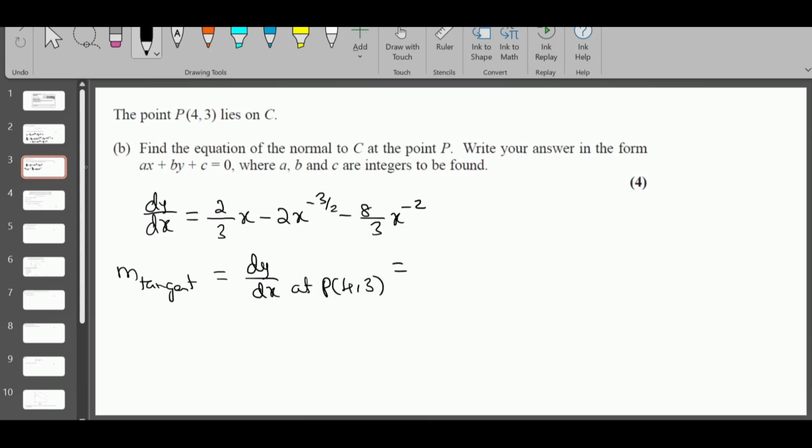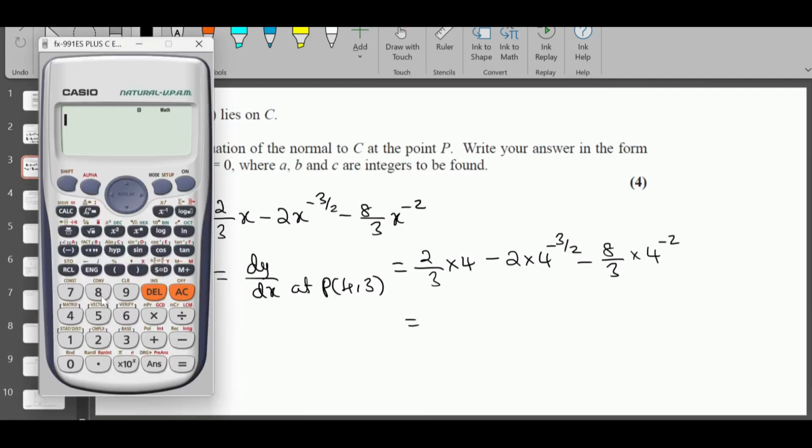That means replace x by the x coordinate of the point. So 2 over 3 times 4, minus 2 times 4 to the power minus 3 over 2, minus 8 over 3 times 4 to the power minus 2.